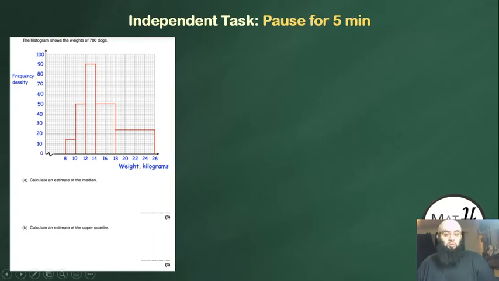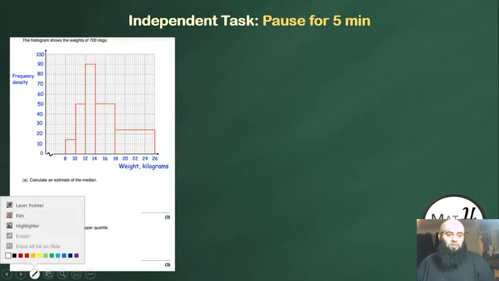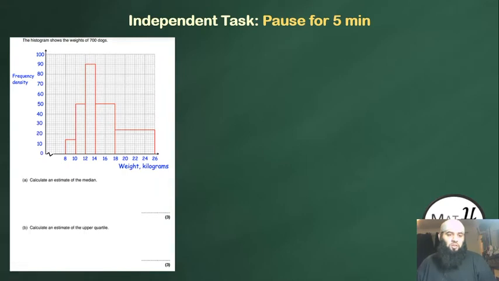So assuming you have paused it for 5 minutes and had a go at this question, let's go through it. The first thing it says, the histogram shows the weight of 700 dogs. Calculate the estimate of the median. Now we don't have a table, which makes it slightly harder. What we need to understand is that the lower bounds are all of the lower numbers. So we need to write the equation first.